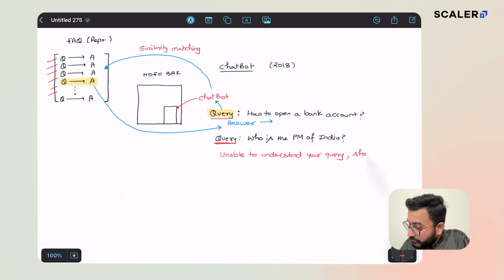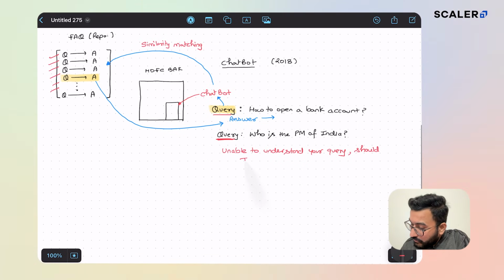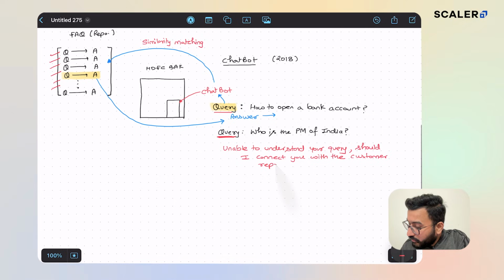Should I connect you with the customer representative? So this is the generic answer that you will get out of this particular chatbot.